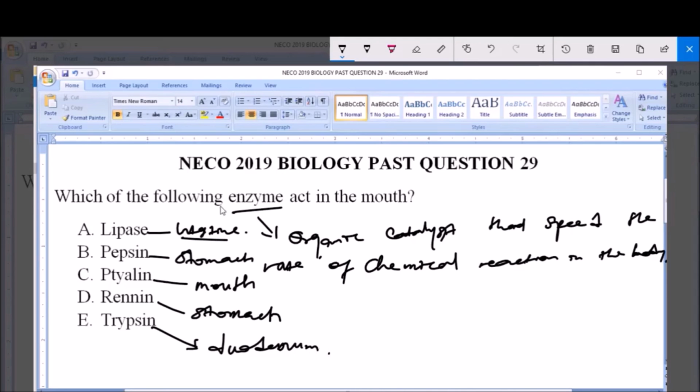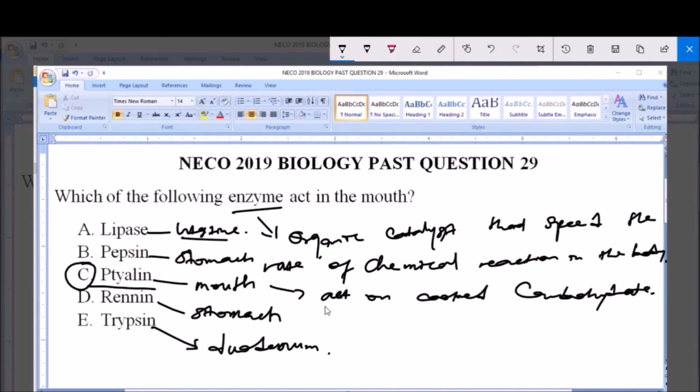So the question says which of the following enzymes acts in the mouth, and from the analysis I've made, ptyalin is the only enzyme found in the mouth, and it acts on cooked carbohydrates. Ptyalin is secreted with the saliva. So the answer to this question is option C, ptyalin.